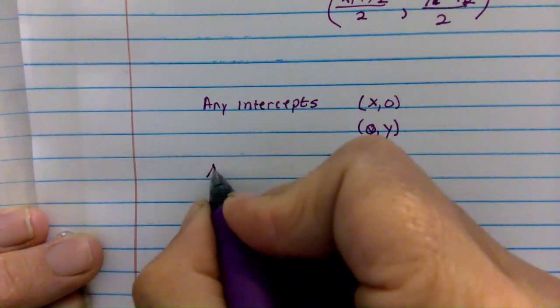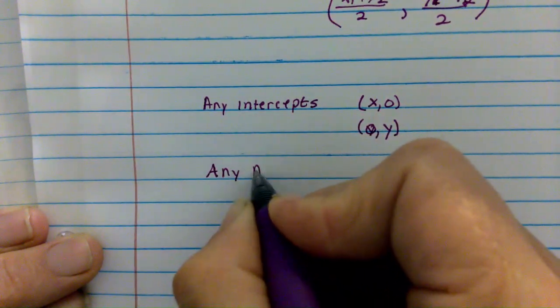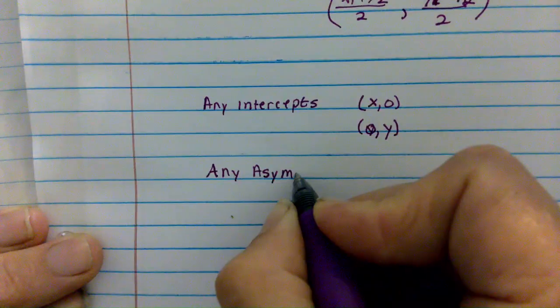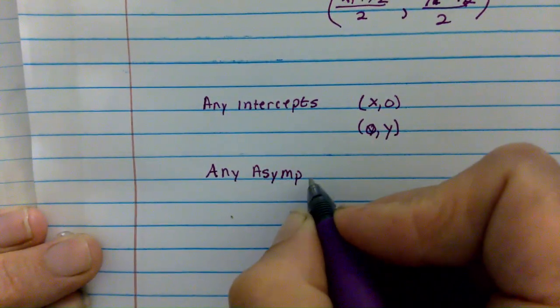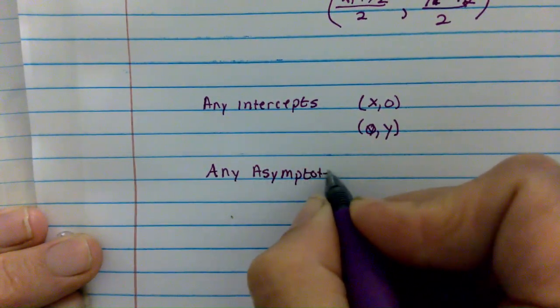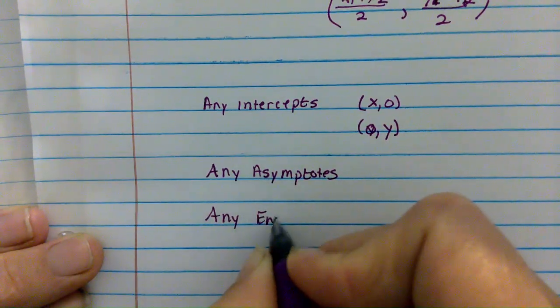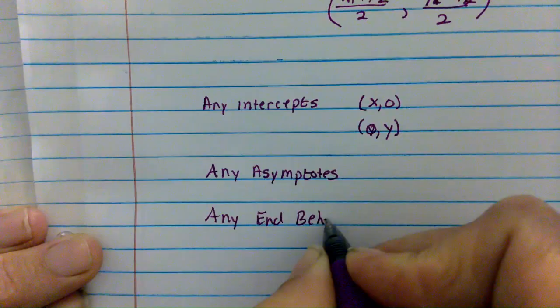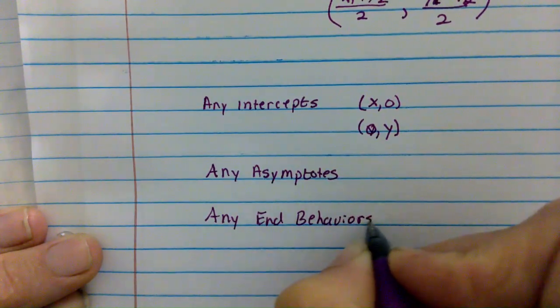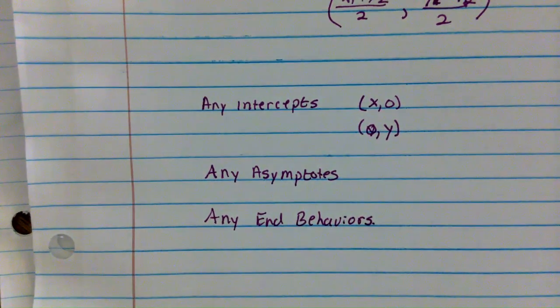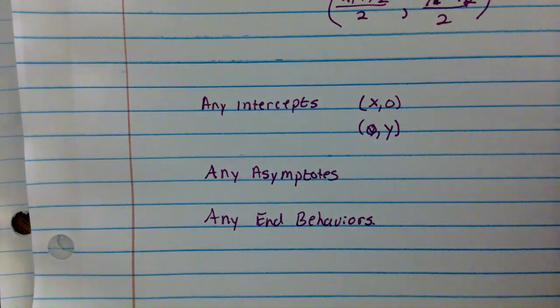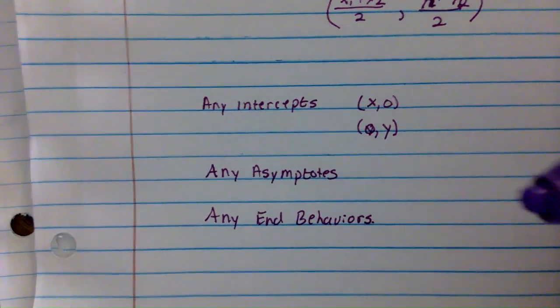Always make sure that you clearly draw any asymptotes. And if you don't know what an asymptote is, you can go back to my graphing rational functions video. And you also need to know any end behaviors. You need to be able to clearly see where the arrows are going. So make sure that anytime you're giving a graph, you know exactly those things.